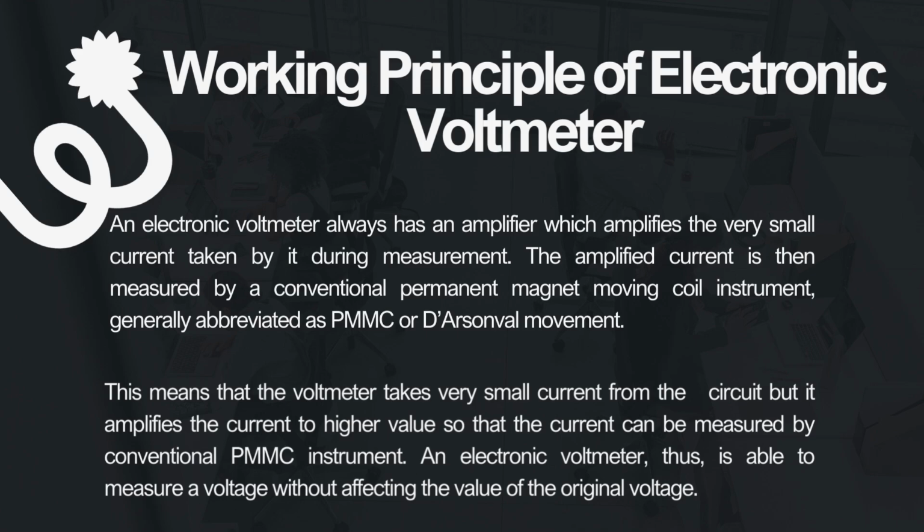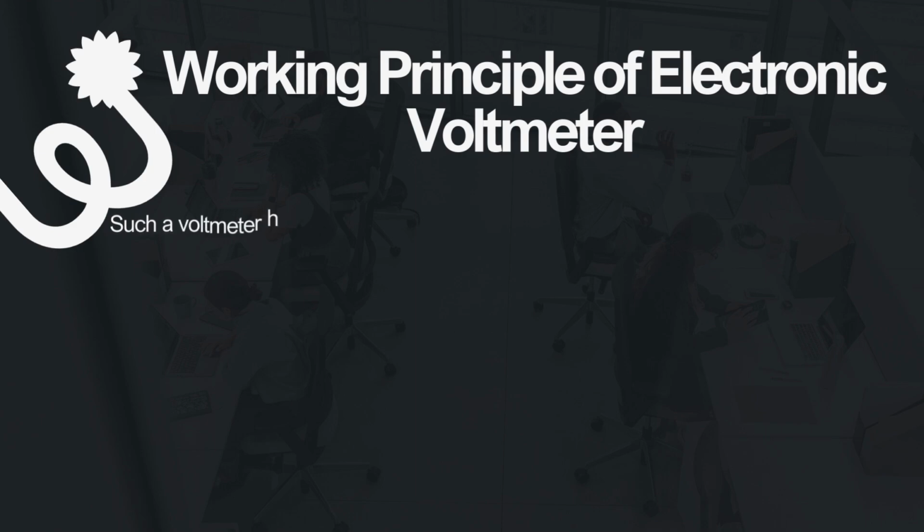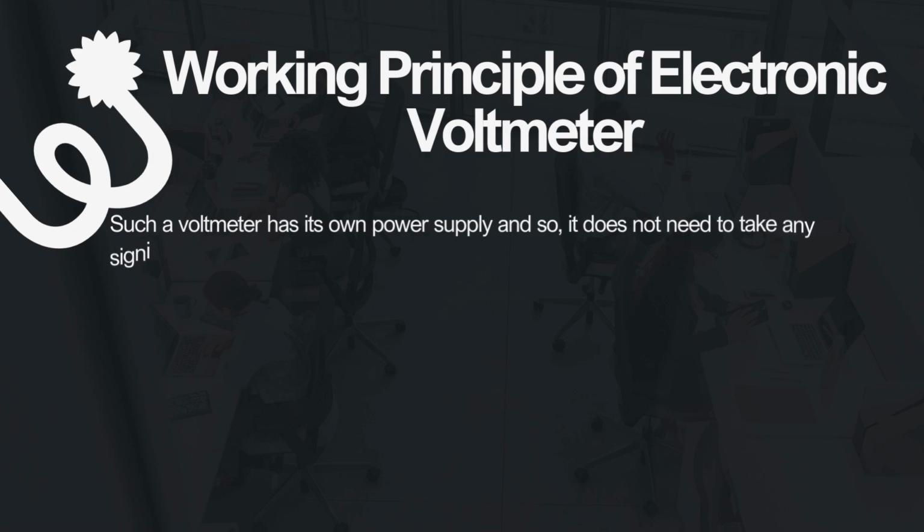An electronic voltmeter thus is able to measure a voltage without affecting the value of the original voltage. Such a voltmeter has its own power supply, and so it does not need to take any significant current from the circuit under measurement.